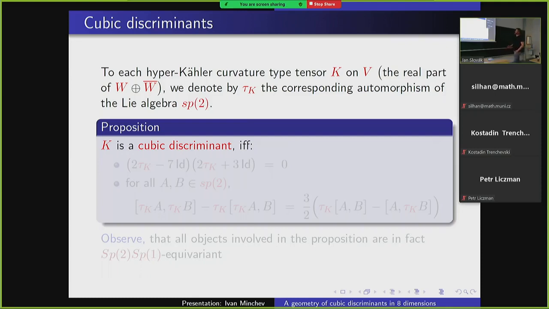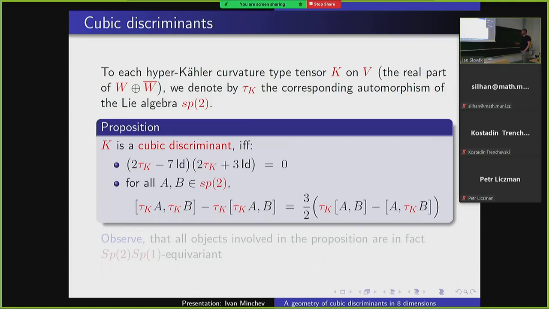So if k is a cubic hyperkähler curvature type tensor on V, then tau k is the corresponding symmetric automorphism of SP2. And then k is a cubic discriminant if we have two conditions. The first is easy to understand because it just says that tau k should have fixed eigenvalues, nothing else.